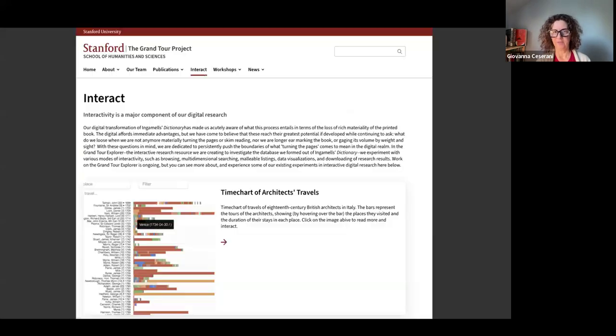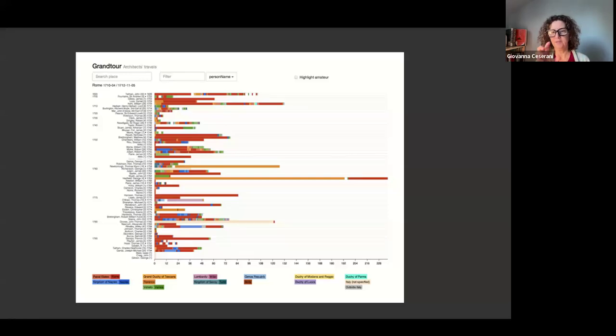And what we did, and this is the interactive visualization you can access yourself, at its core is a timeline that shows all the data that we have about these travelers' places of visits in Italy. So let me tell you a little bit what's going on here. Each line represents a different architect's travels.